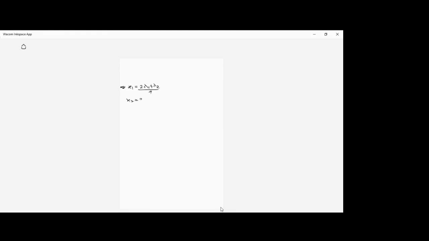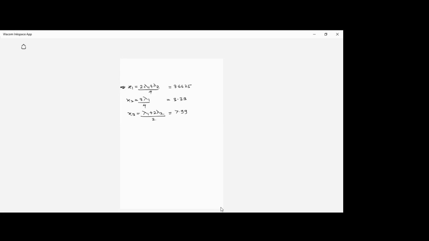X2 is equal to 3 lambda 1 upon 4, and x3 is equal to lambda 1 plus 2 lambda 2 upon 2, right? So if you solve these equations, you will be getting the values as 3.6625, 3.33, and this value comes out to be 7.99, right?